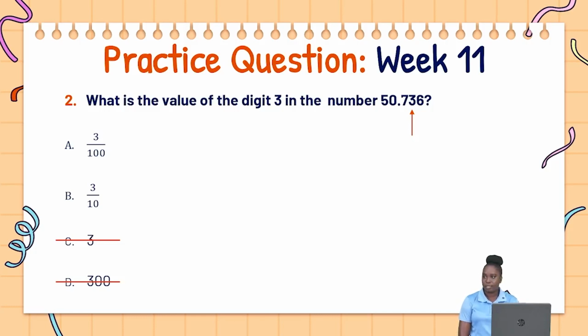And any digit that follows the decimal point can be written as a fraction. In this case, the 3 is the second digit after the point, and so that answer is going to be A, which is 3 over 100, or 3/100.